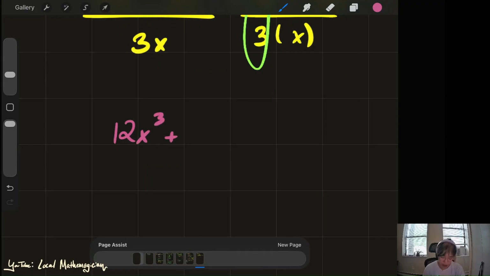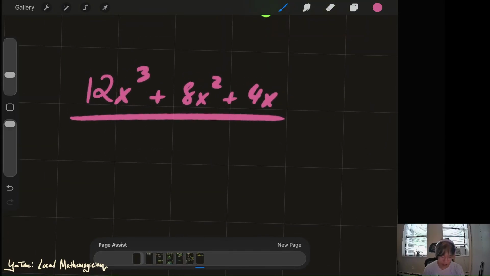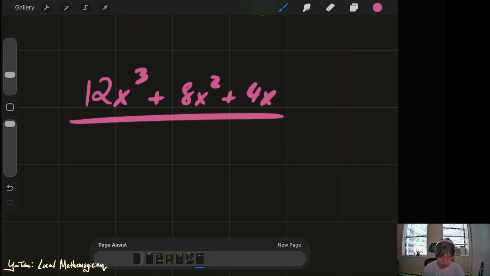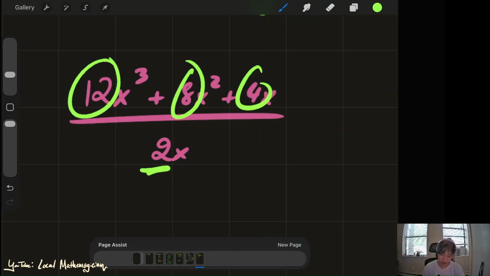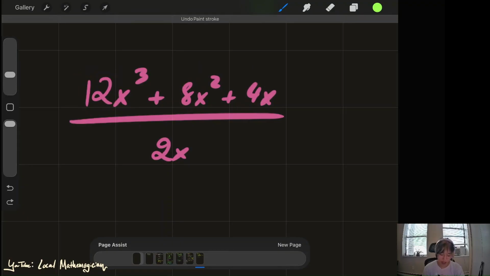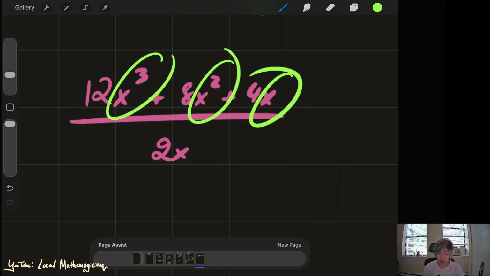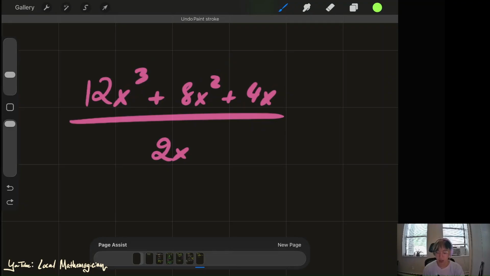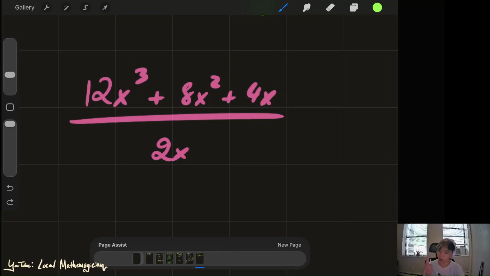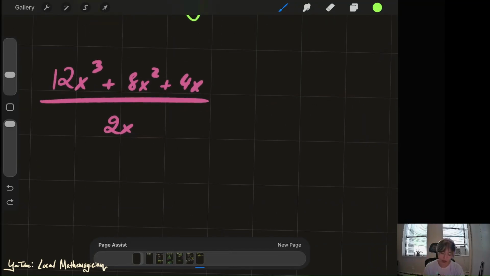12x cubed plus 8x squared plus 4x all over 2x, right? I know that all of these are divisible by 2, this coefficient, and all of these are divisible by x, okay? They have at least one x as a factor and a 2 as a factor, okay?